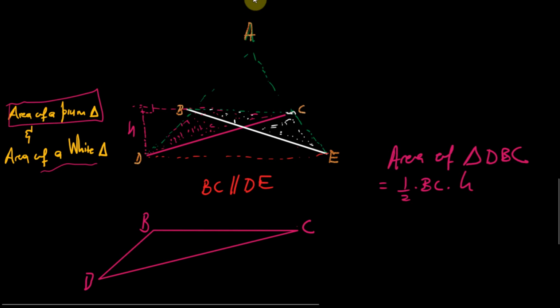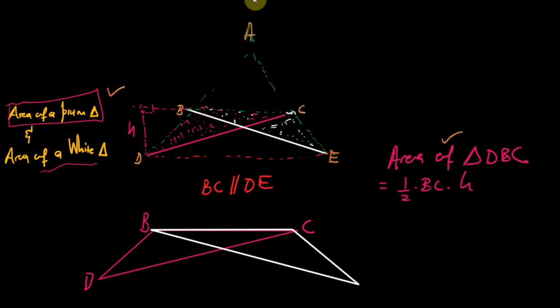Okay, but if we are using the base BC, you're going to see that this area is going to be equal to the one for the white triangle. So let's look at the area for the white triangle. Here we go. That's the white triangle, and it also has a base which is BC.